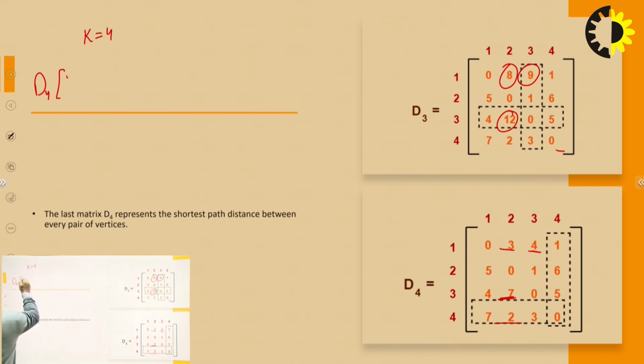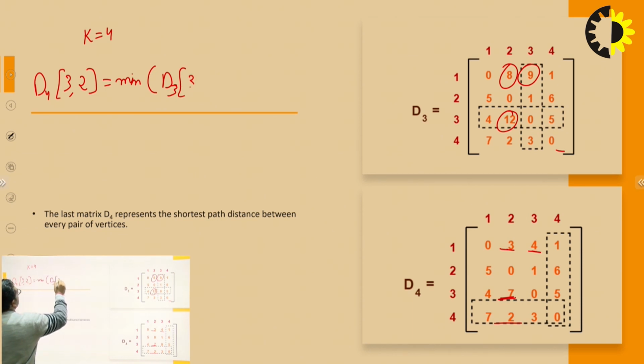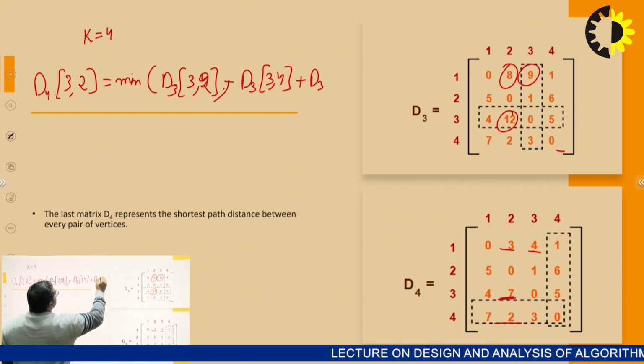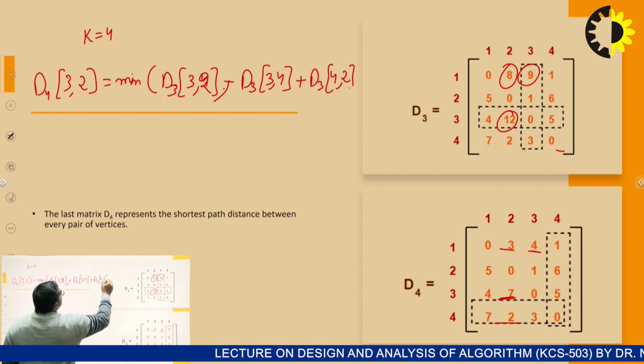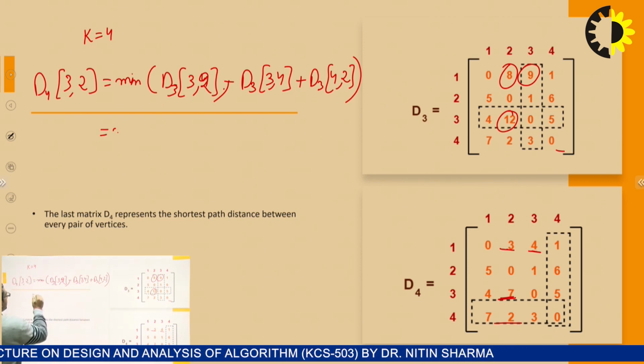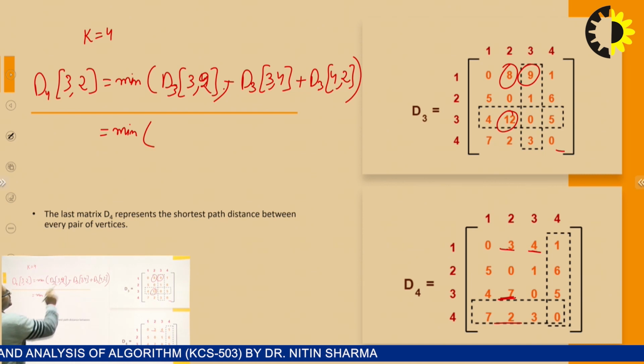I am going to calculate D4[3][2] is equal to minimum of D3[3][2], that is 12, comma D3[3][4] plus D3[4][2]. So 4 I am taking here as the pivot element. So calculating the minimum.